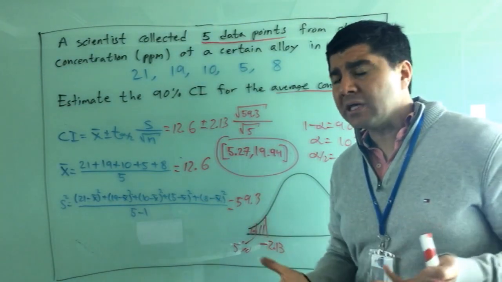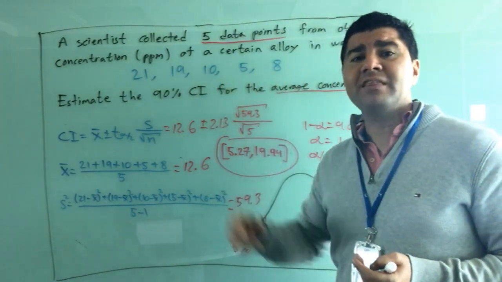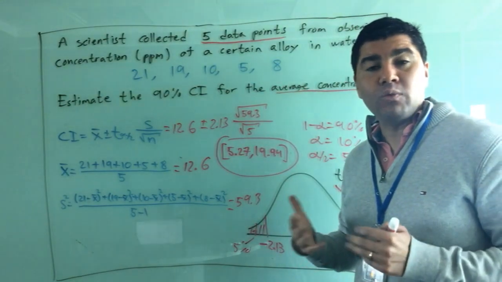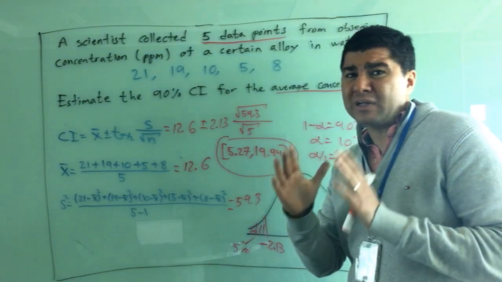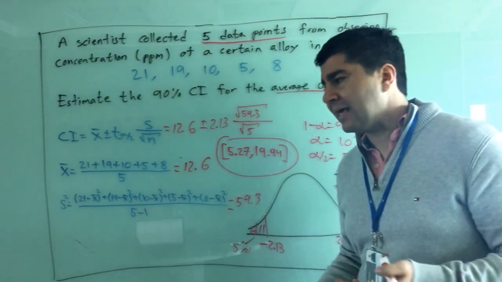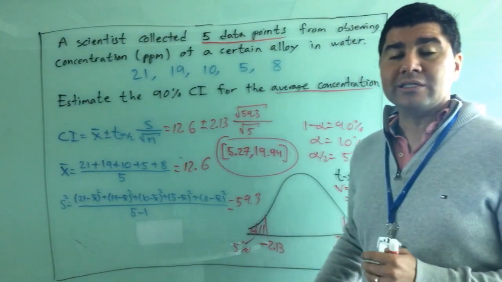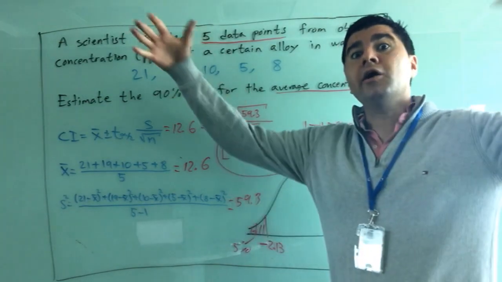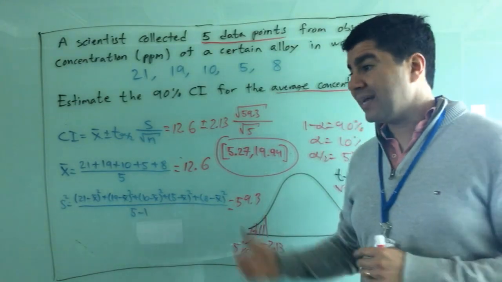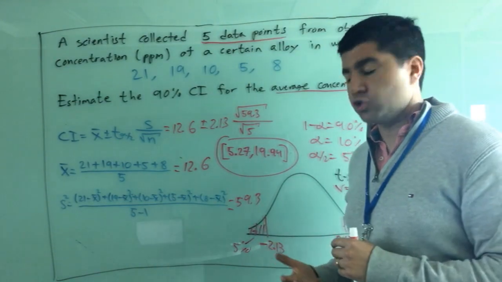That is happening because we just have 5 data points. Hence, the quality of the information that we have is really small. In order to avoid making a mistake, the t-student is going to provide us a much larger confidence interval than the one that we can obtain using a standard normal distribution.